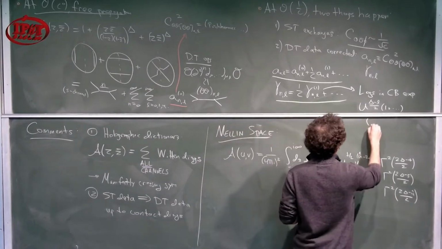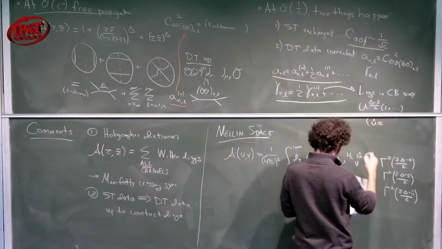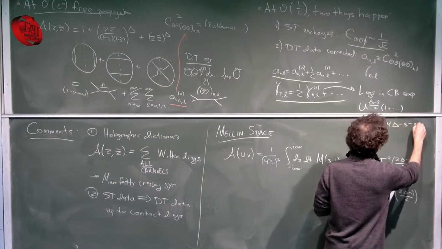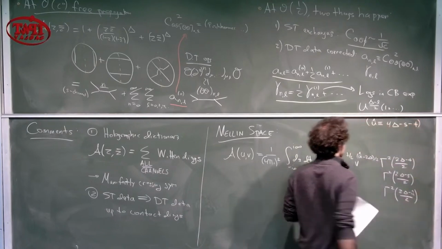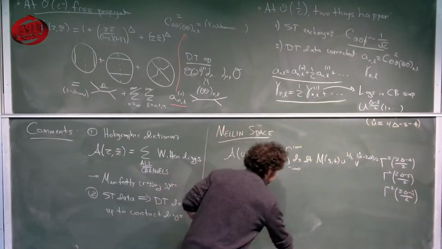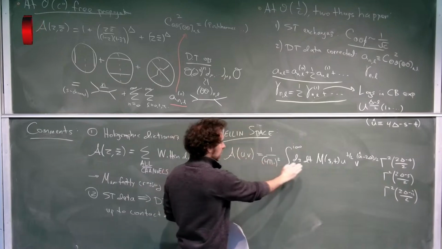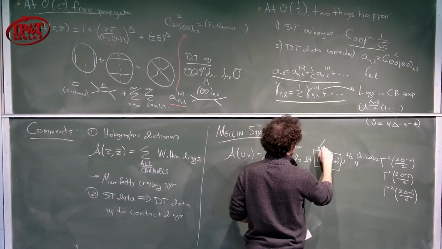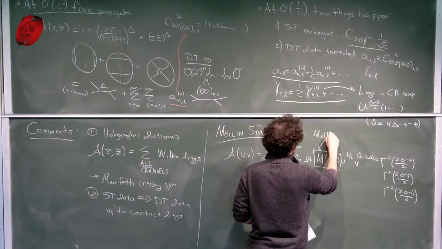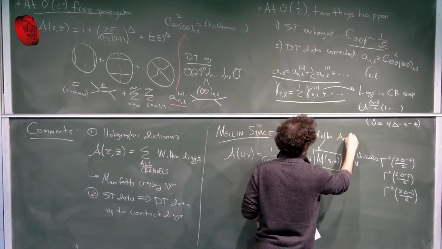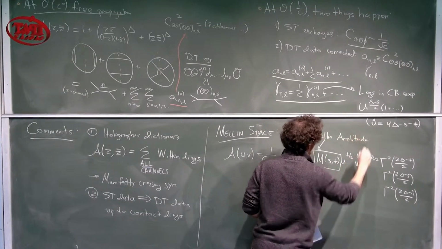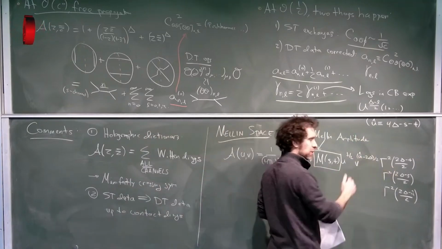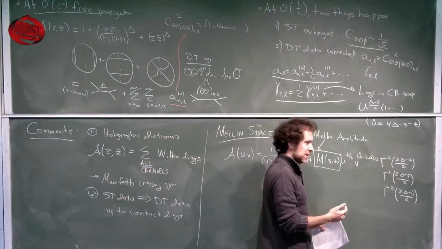And define some U hat for delta minus T. Okay, this is the Mellin amplitude, this thing, M of S, T. And this is just some measure chosen for a kind of conceptual convenience.